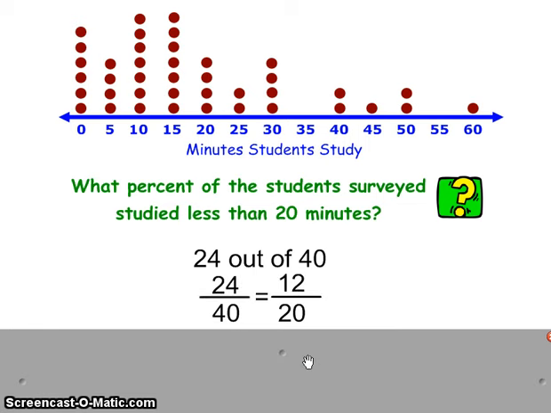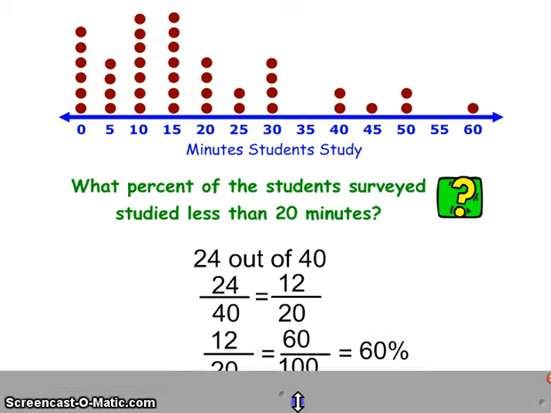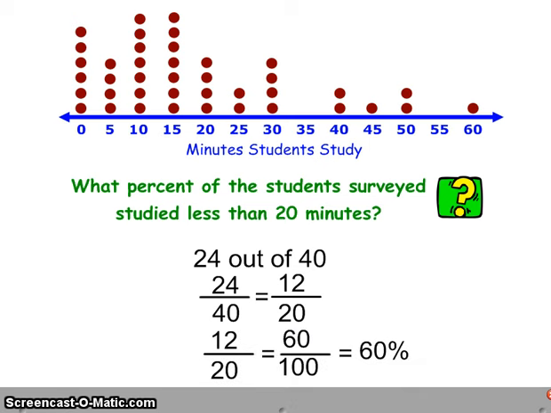So 24 out of 40 is the same as 12 out of 20. 12 out of 20 can easily be changed to 60 out of 100. 20 times 5 is 100, 12 times 5 is 60, so we get 60%. This question refers back to your examples from Friday. So if you have questions about changing a fraction to a percent, please make sure you look at your notes from Friday or you come to tutorials to ask your teacher.